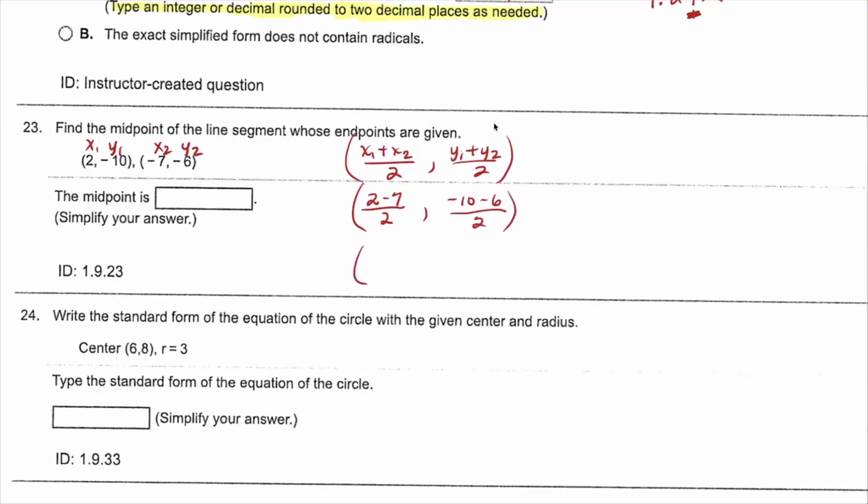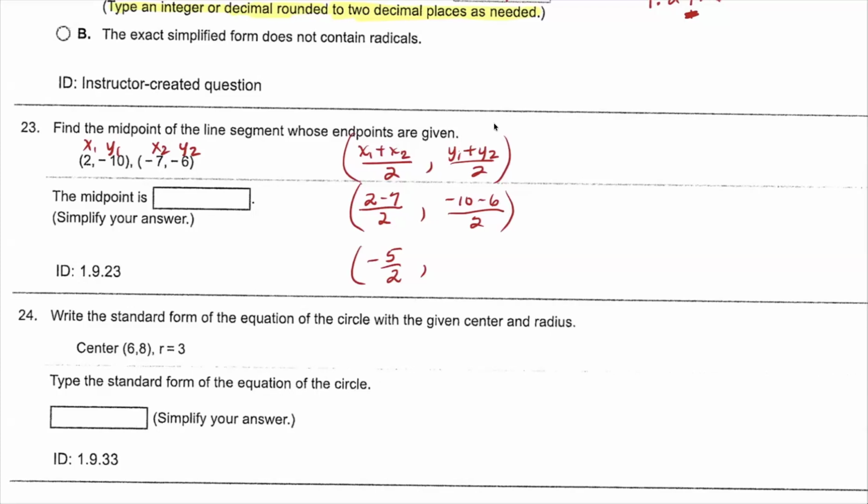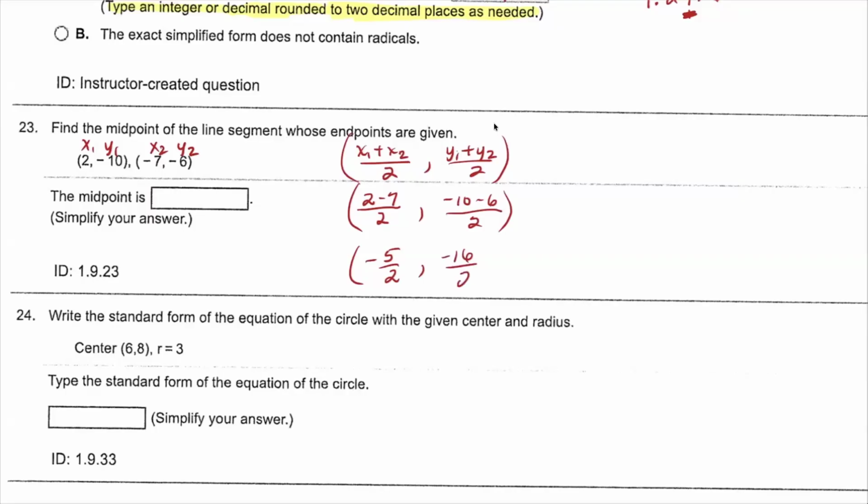So with the first one, we end up with -5 over 2. And the second one, the y value is going to be -16 over 2. But I can simplify that one a little more.